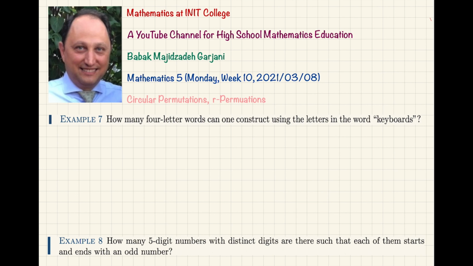When you say, as I told you before, how many words, it means that you don't need to be worried about whether the word is pronounceable or meaningful or whatever. It means that I am only interested in the arrangements, and we know in principle if I interchange the letters in a word, I will probably have a new word.